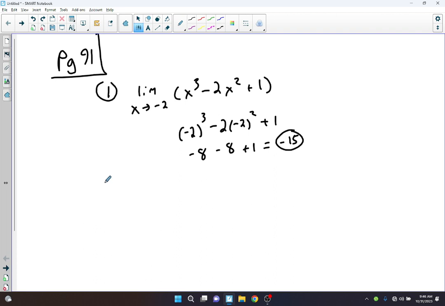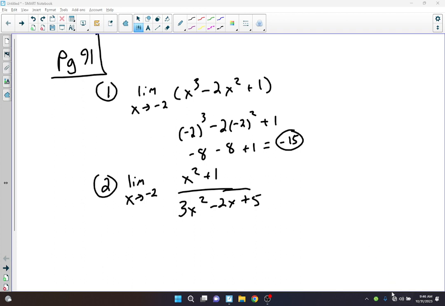So something like this one, number 2, let's just check if this one's possible. The limit as x approaches -2 of x squared plus 1 over 3x squared minus 2x plus 5.